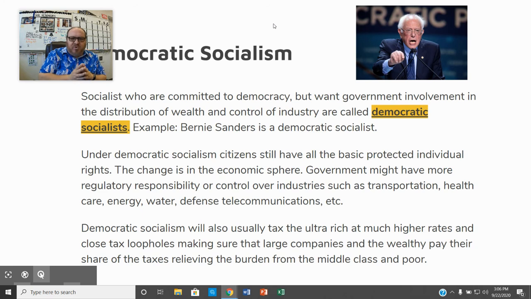Okay, government will have more regulatory responsibility and control over industries like transportation, healthcare, energy, water, defense, telecommunications, education, those areas. Democratic socialism will also usually tax, like I said, the ultra rich at a much higher rate to try to close tax loopholes, making sure that large companies and the super wealthy pay their share of taxes, relieving that burden from the middle class and the poor.